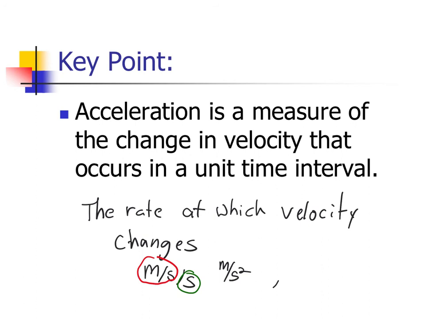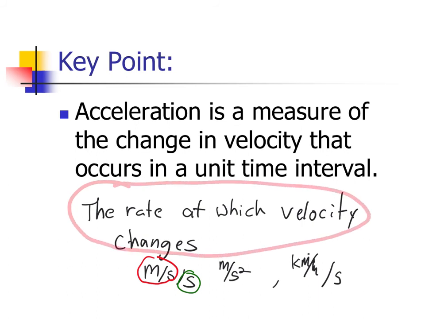We have also done the rate at which velocity changes, kilometers per hour per second. So the labels for acceleration all basically tell us that we are talking about the rate at which velocity changes.